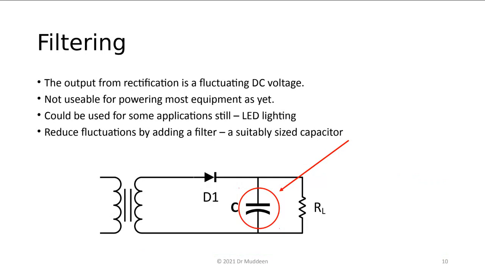So the output is a fluctuating DC voltage, and at this point in time, it's not usable for powering most equipment as yet. There are some applications where you can use it, for instance, LED lighting, and some other mostly lighting applications. In some cases, even things like driving some DC fans, where the fact that the voltage is fluctuating wouldn't be noticed. Remember, it's fluctuating.